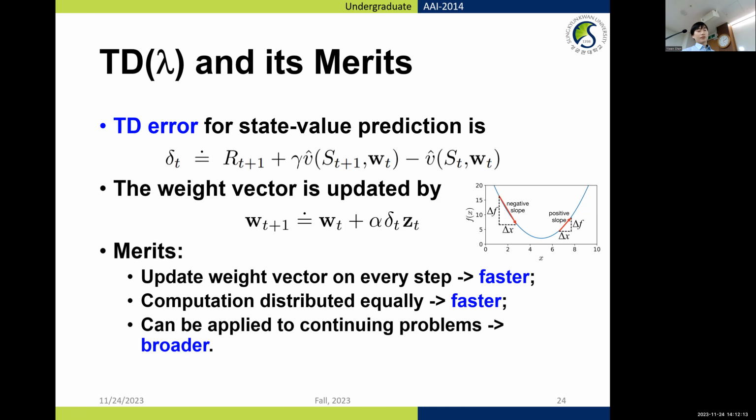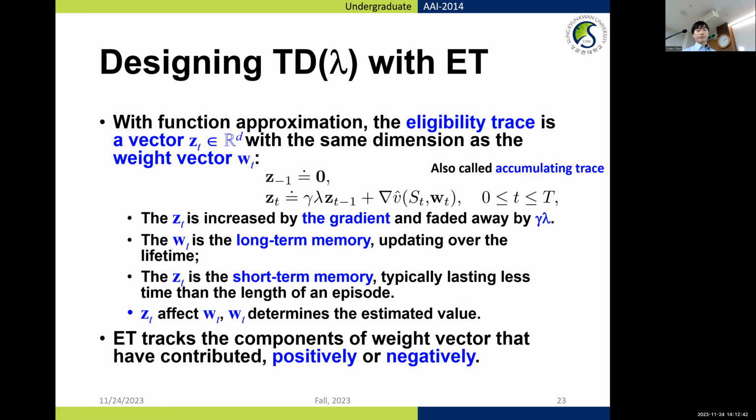Here the computation is distributed equally, which means a faster update, and it can be applied to continuing problems. In a continuing problem setting there's no issue; it can just keep running because it's step-by-step and doesn't rely on the whole information in the episode.